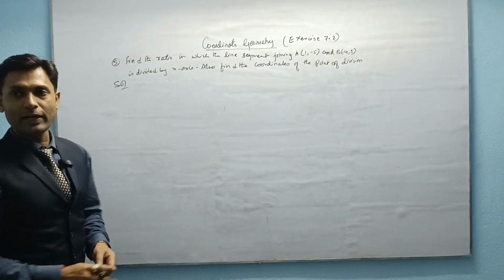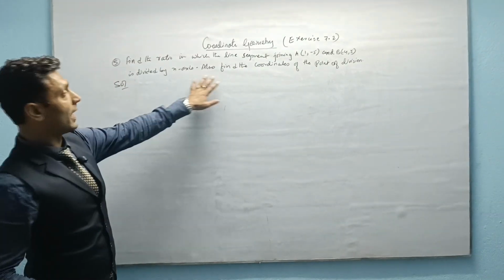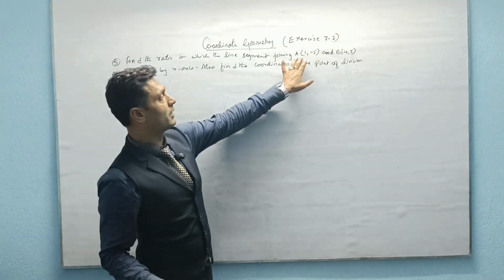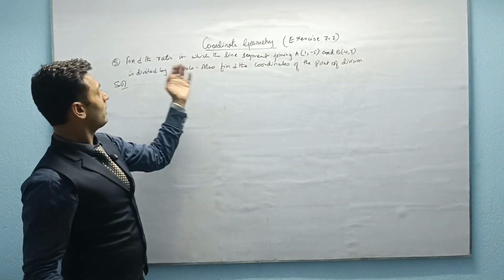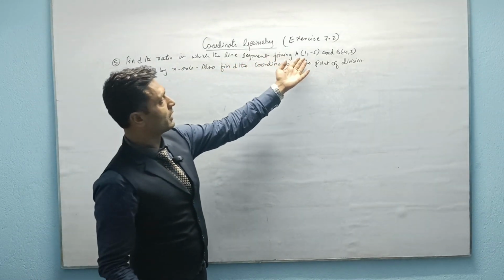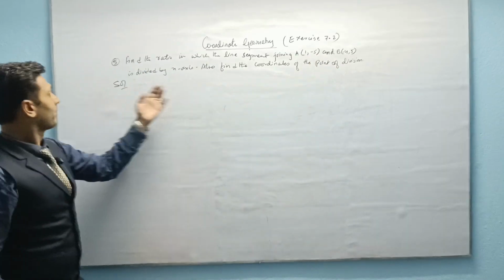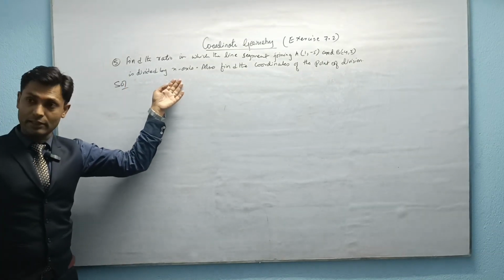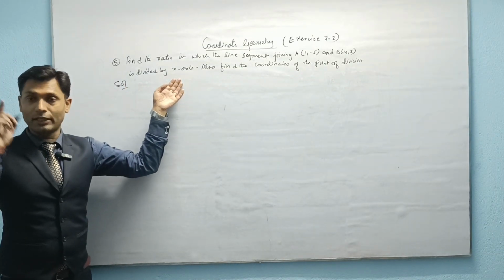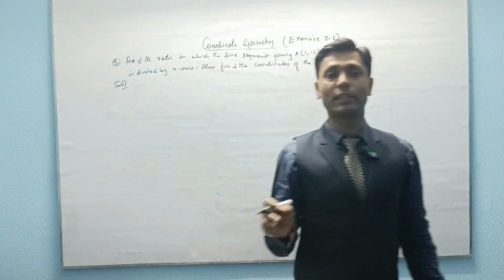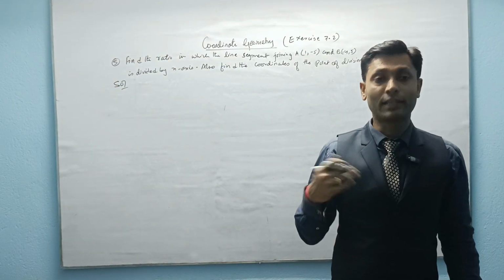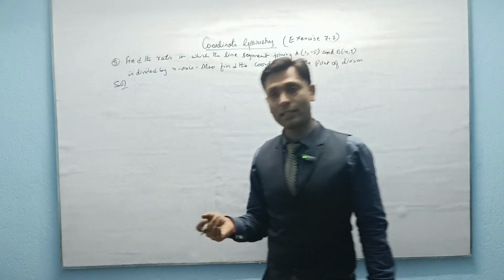The next question: find the ratio in which the line segment joining the points A and B, the coordinates are mentioned, is divided by the x-axis. If you remember in the first class, I told you that if a point lies on the x-axis, then the y-coordinate is 0.